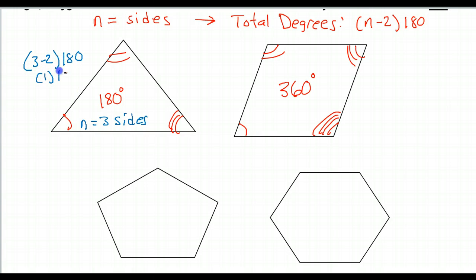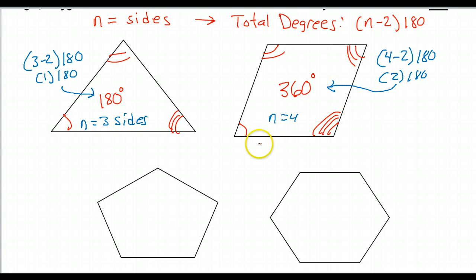Well, that's just 1 times 180, so it makes sense I'm going to get 180. If I do this for a quadrilateral, a four-sided shape, then this has 4 sides, so this becomes 4 minus 2 times 180, which is just 2 times 180, which is 360.